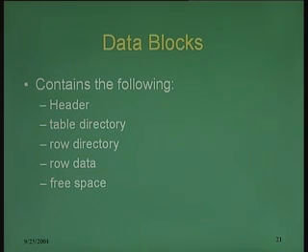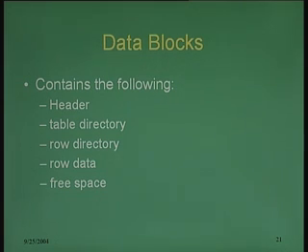So, data blocks again. Let us look at each of these different elements in a little bit more detail. Whenever a particular data block is stored, it contains the following information.